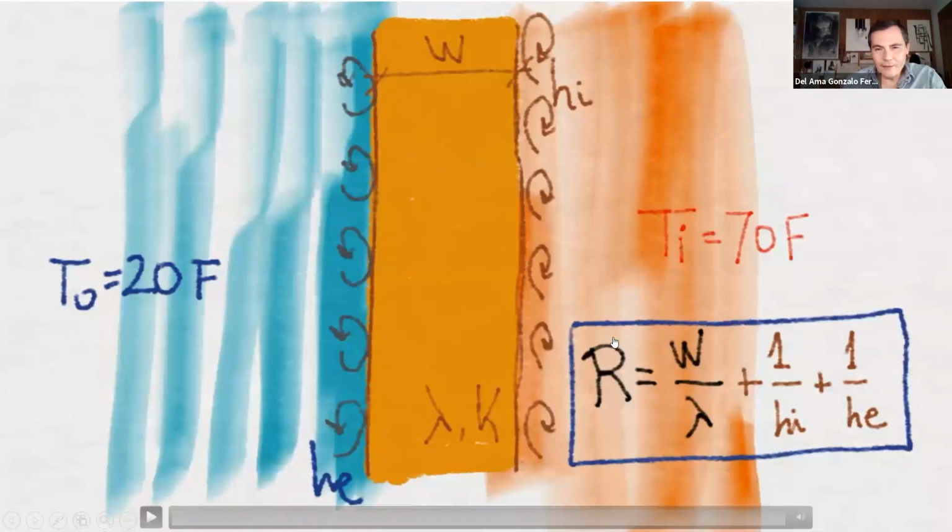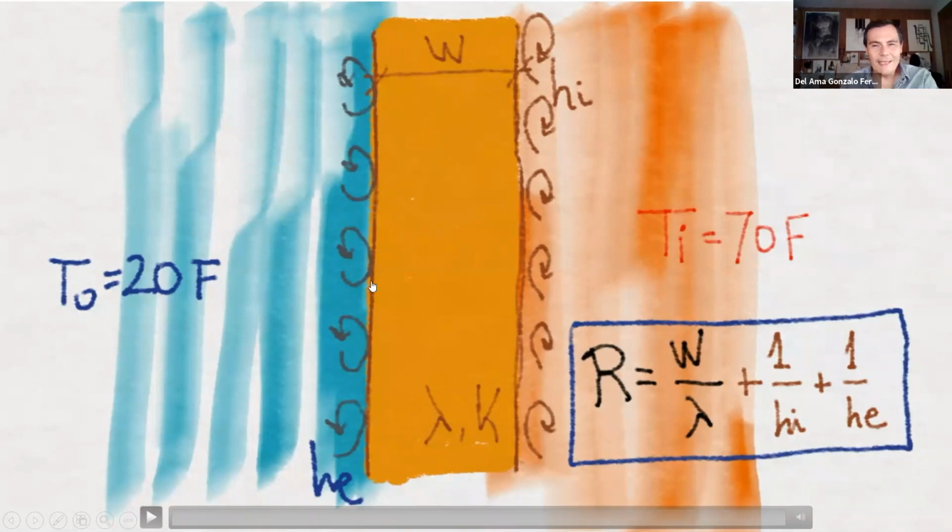So at the end, the thermal resistance of this wall is the thickness of the solid material divided by the thermal conductivity, plus 1 over HI, which is the interior radiation convection coefficient, plus 1 over HE, which is the exterior radiation convection coefficient.